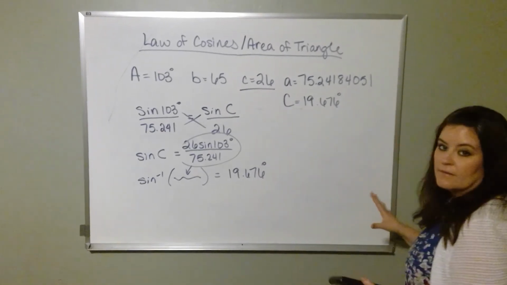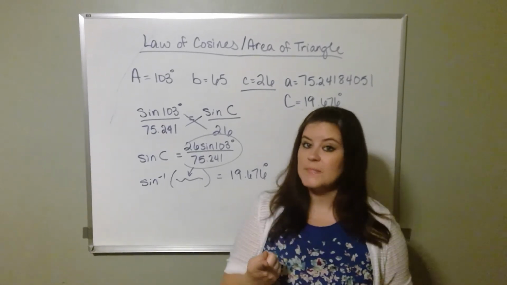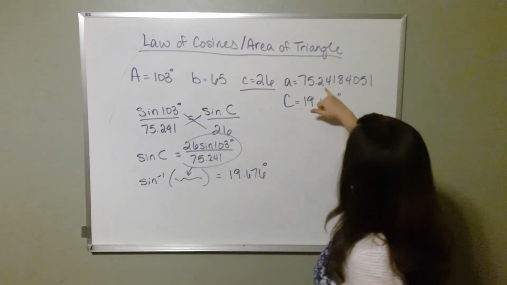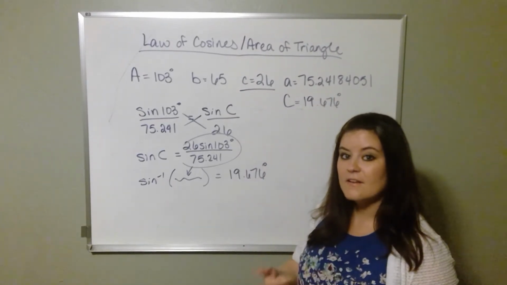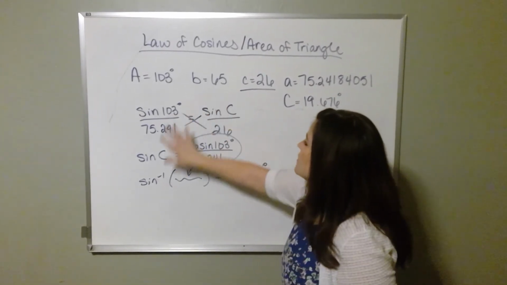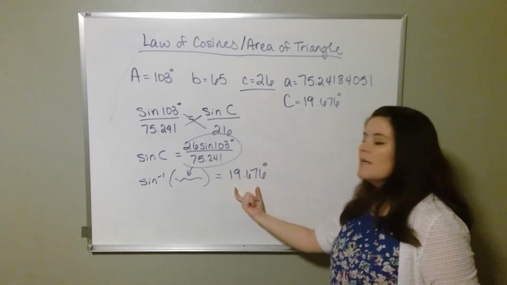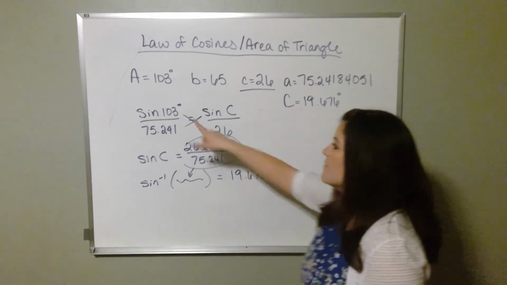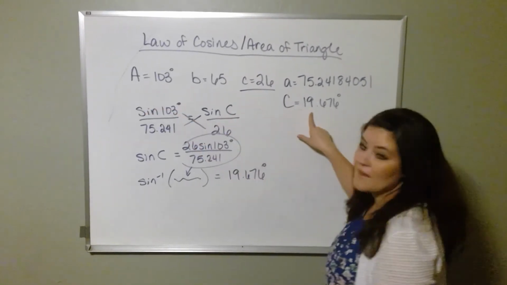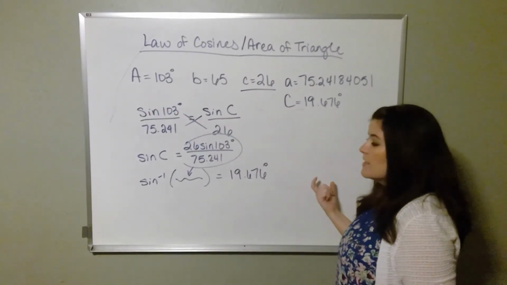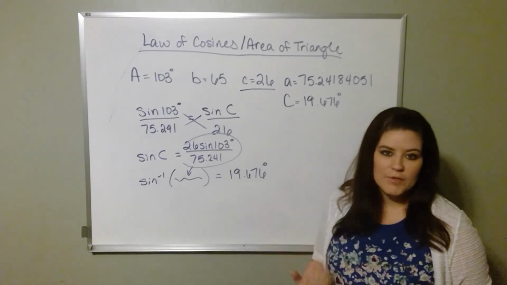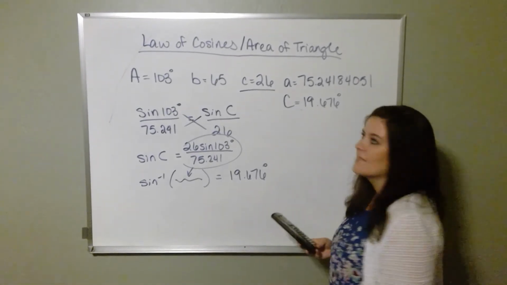Now, from here, I used the law of cosines first because I had to. I had to find side A. Then I had enough information to use the law of sines to find the smallest angle in my triangle, which was angle C. Now that I have angle A and I have angle C, to find that third angle, just subtract from 180. So I don't even have to use law of sines again.